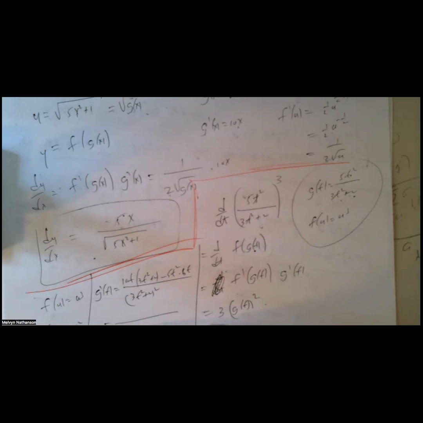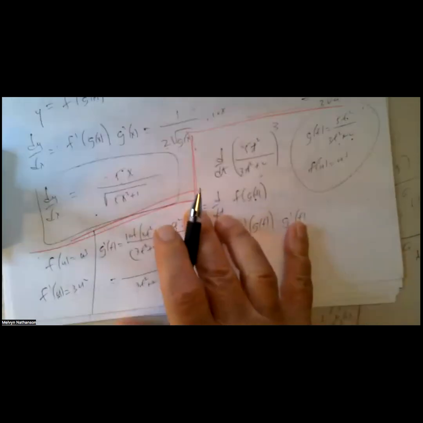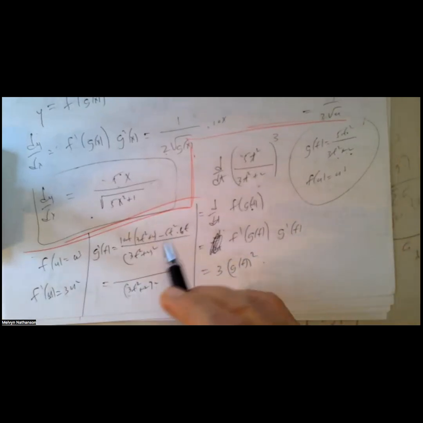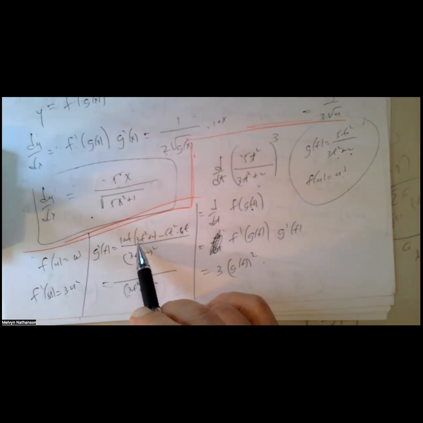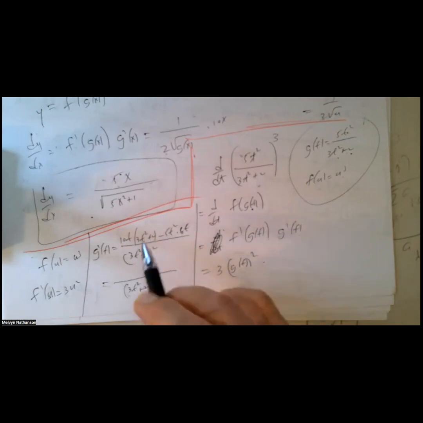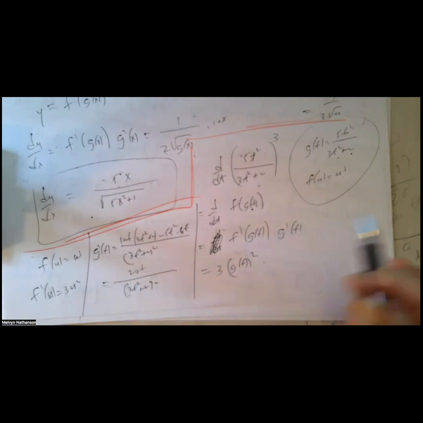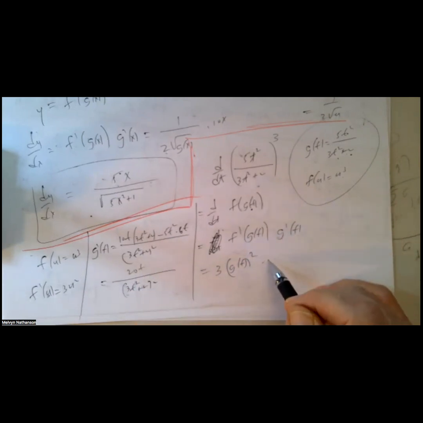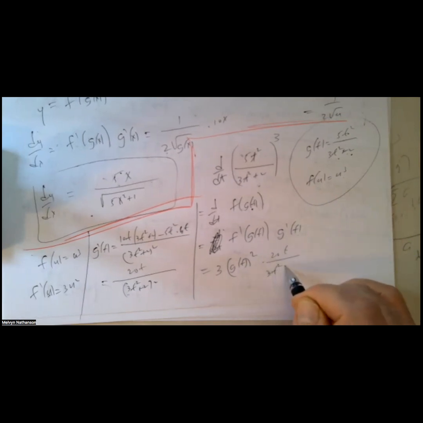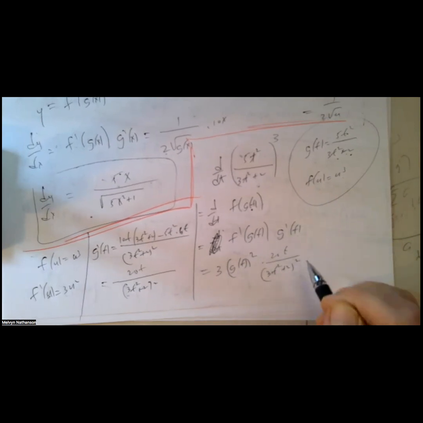So what we get is something over 3t squared plus 2, squared. This is 30t cubed, and here I have minus 3t squared plus 2 times 10t, plus 20t. That's what goes in here. 20t over 3t squared plus 2, squared.